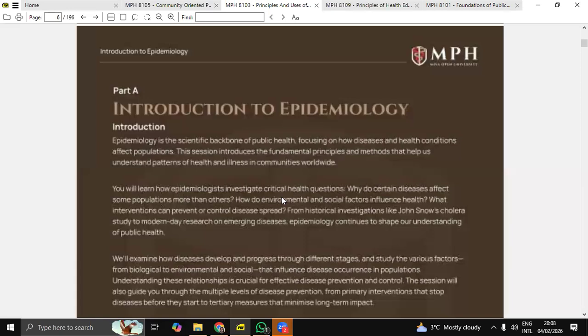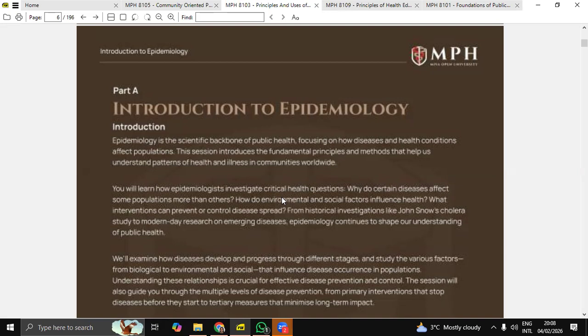The second is the historical development of epidemiology. Then key concepts of disease causation, the natural history of disease and levels of prevention, and the 5th is measures of disease frequency.